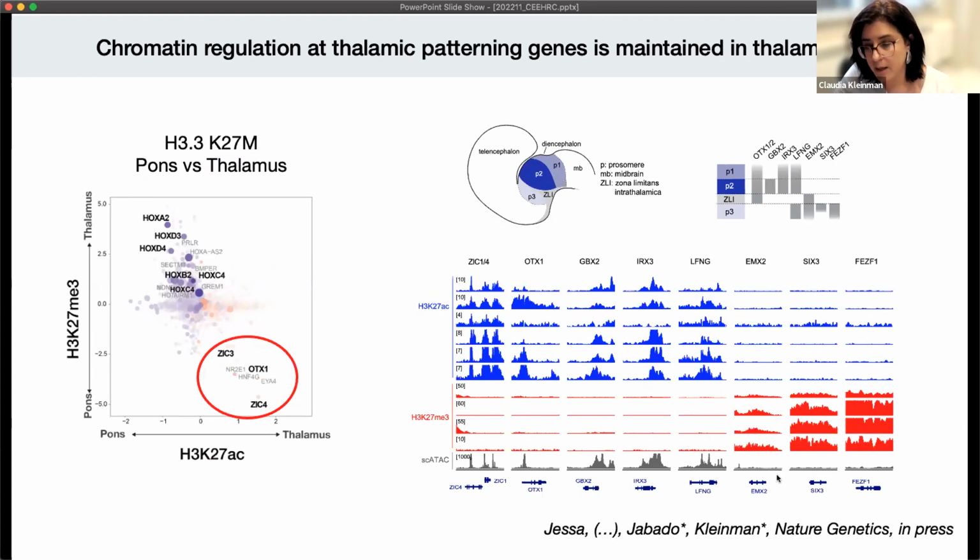And again, K27me3 here beautifully deposited. So what this data is telling us is that each one of these tumor entities is actually originating in anatomically distinct progenitor niches.